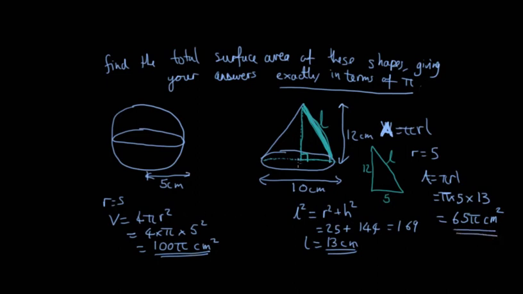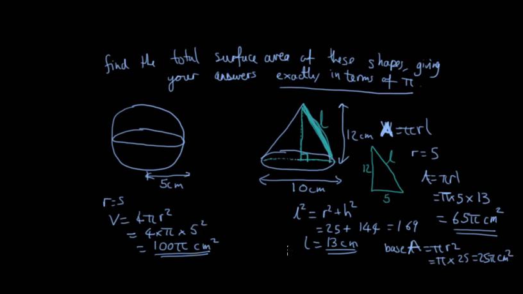And if we want to find the circular base, the base is just a circle, so the base area is pi r squared. So that's going to be pi times 5 squared is 25, so it's 25 pi centimetres squared.